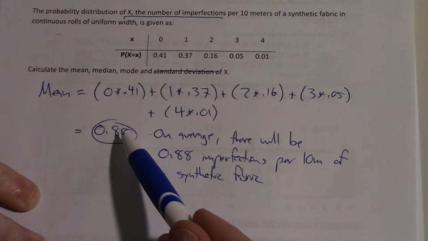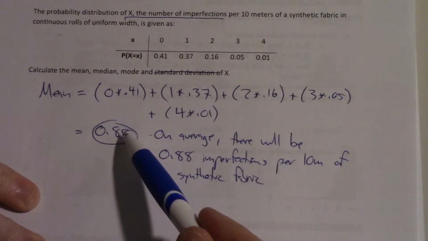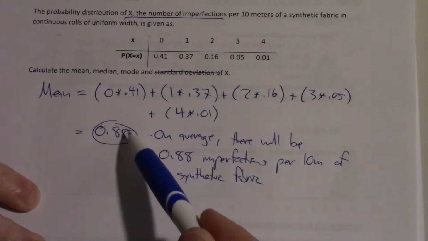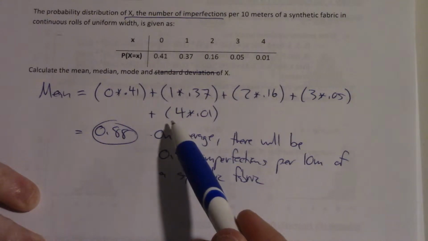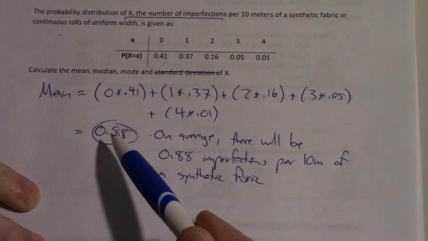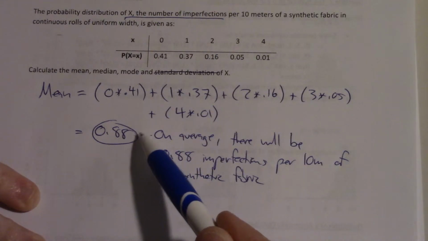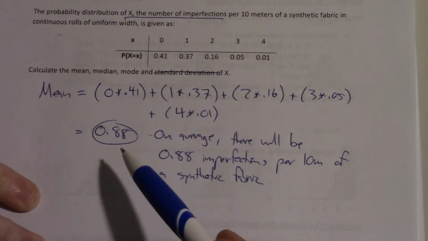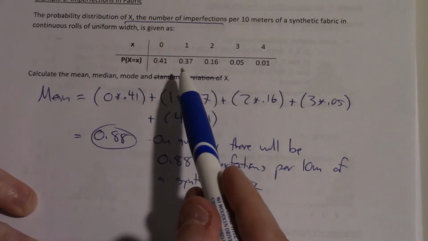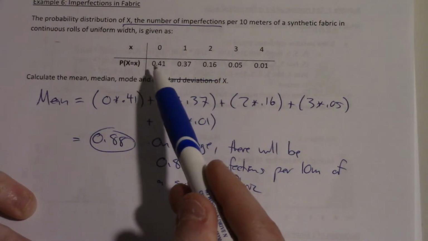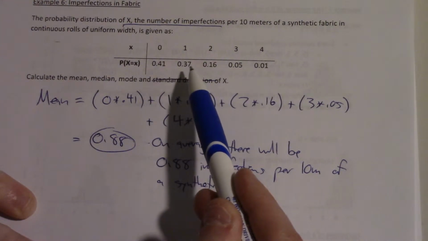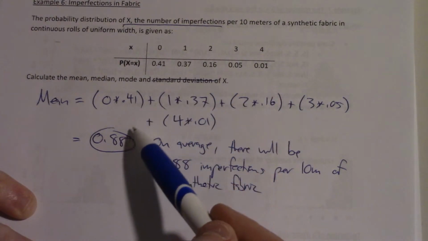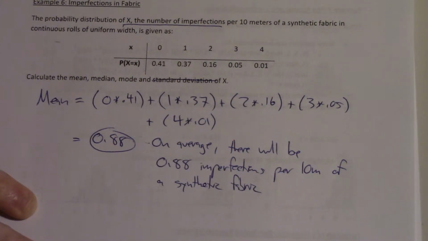Since the fewest number of imperfections we could have is 0, and this average is closest to 1, this is telling us most of the probability lies in 1 or more imperfections, because this value is closer to the 1, 2, 3, 4 side than it is the 0 side. And that's true from the probabilities. 41% is here, so that means 59% are on 1, 2, 3, and 4. So that's where the majority is. It pulls the average towards 1, 2, 3, 4.